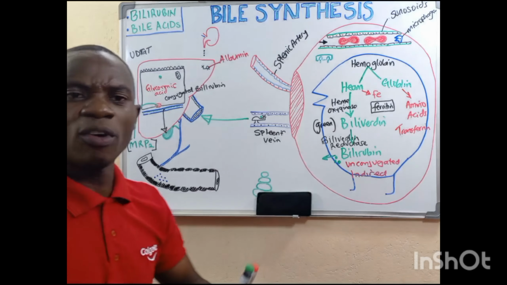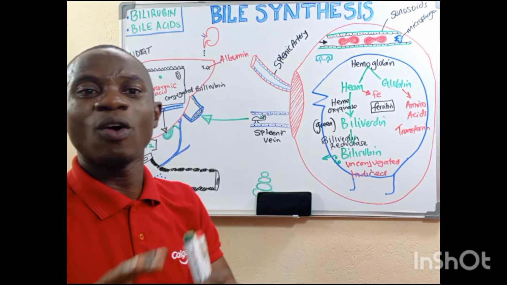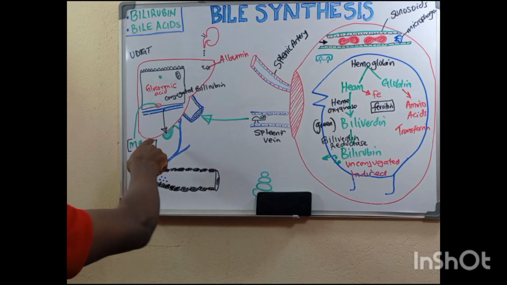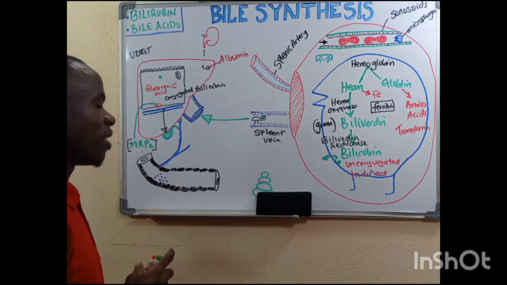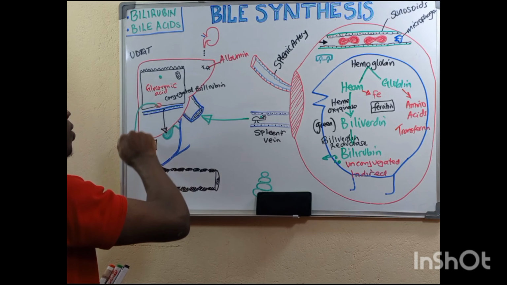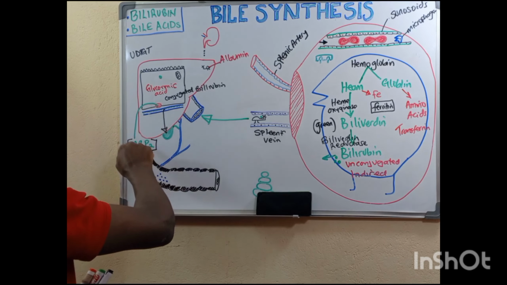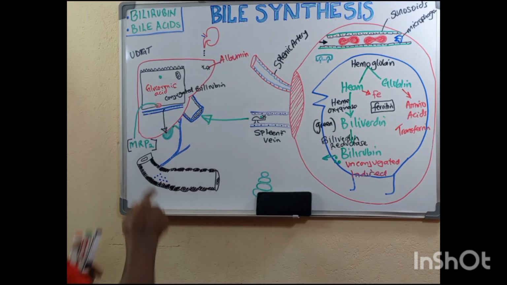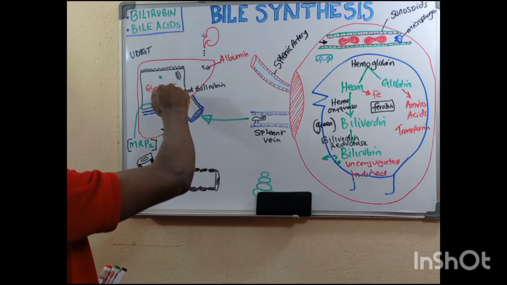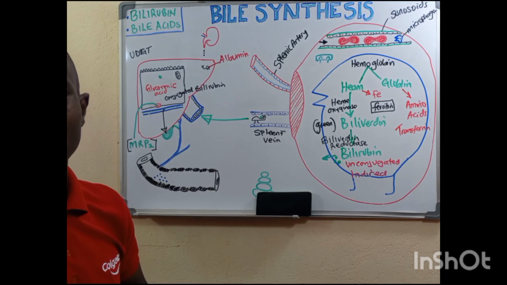Okay, because the moment it becomes conjugated, it is water soluble. It can get excreted and stored in the gallbladder. So now, if someone has a problem with this transporter, multi-drug resistance associated protein 2, it means conjugated bilirubin will not be able to move out of the hepatocytes.